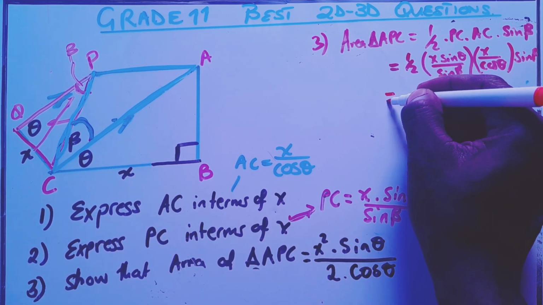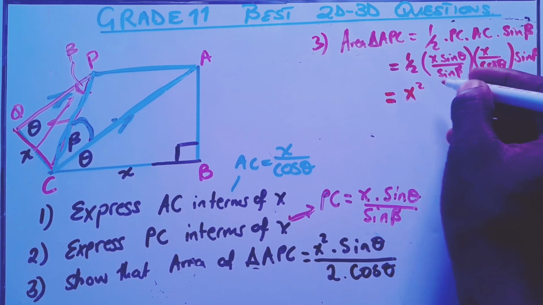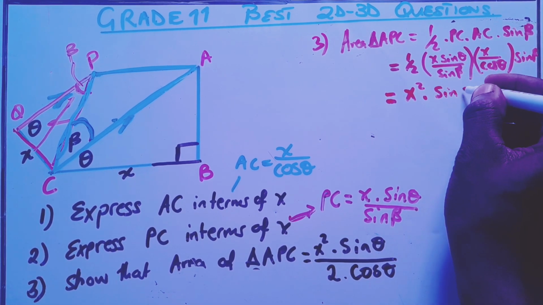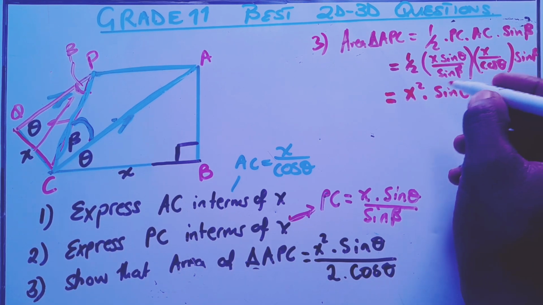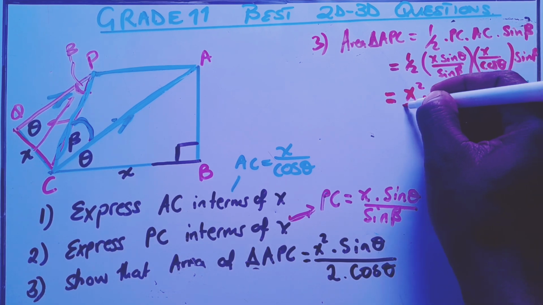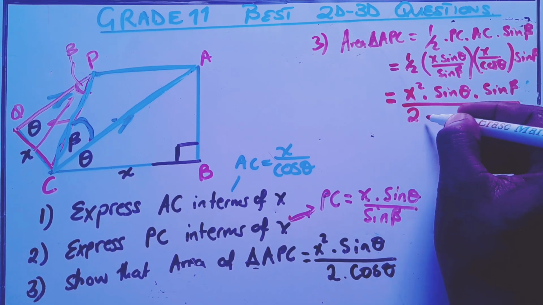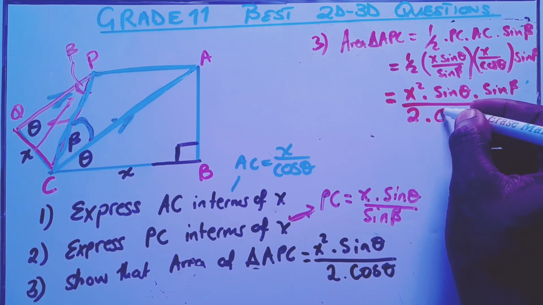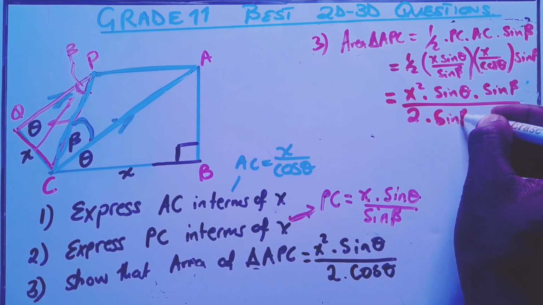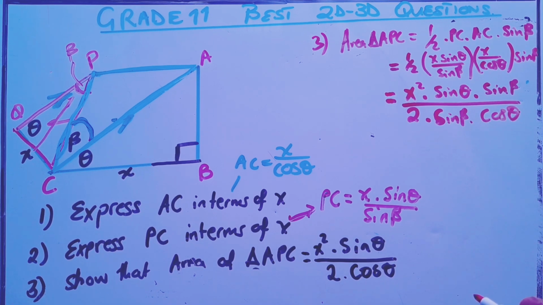So this is the same as x multiplied by x. This gives us x squared sine theta and then sine beta all over, right? And then this is half, so it means that this becomes 2 sine of beta and then cos of theta, right?